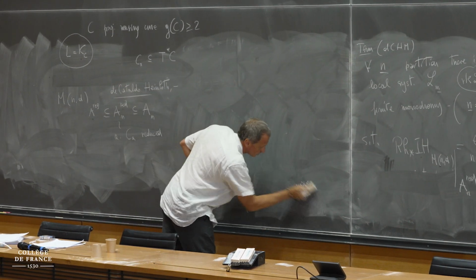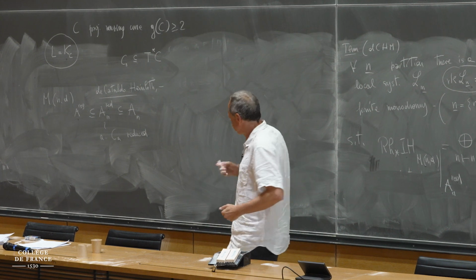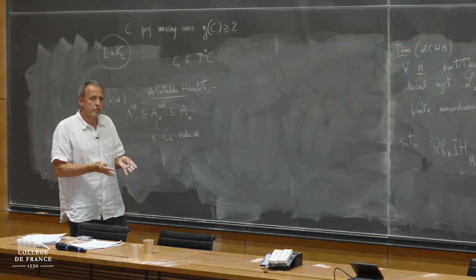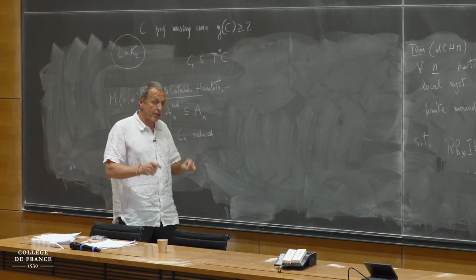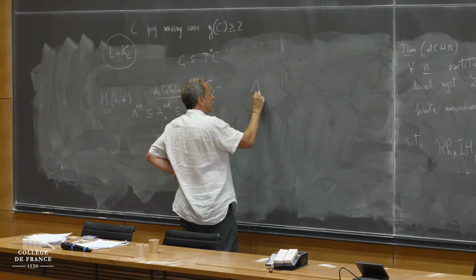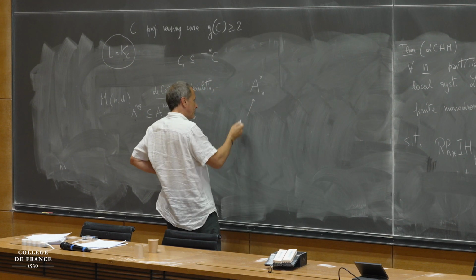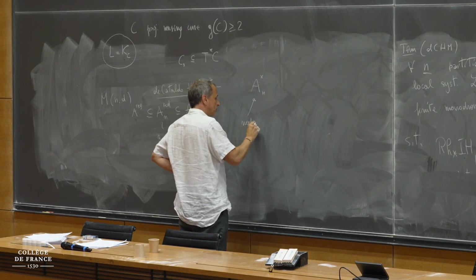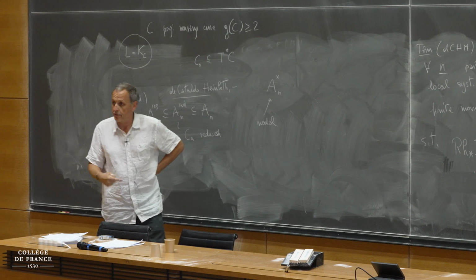So let me skip some reduction which leads one to understand only what happens on the nodal locus, where the spectral curves are nodal. So let me denote by this the locus where spectral curves are nodal. And one observes that these spectral curves are stable in the sense of Deligne-Mumford.